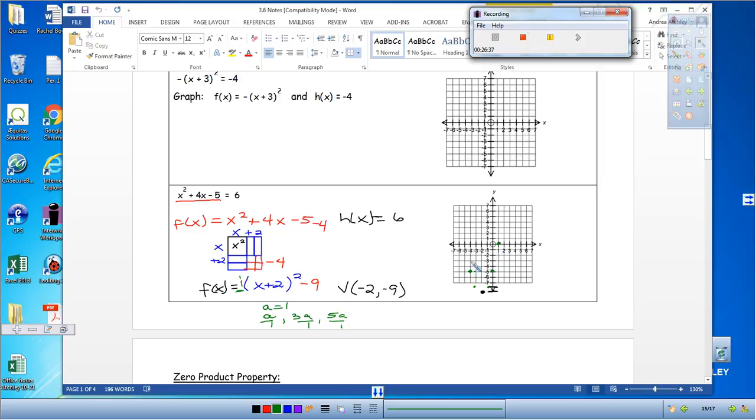Then I could go up 7 and over 1. So this would be my beautiful parabola if I can make it really pretty. This one's a little bit off because it curves too much for me. Any questions over that?